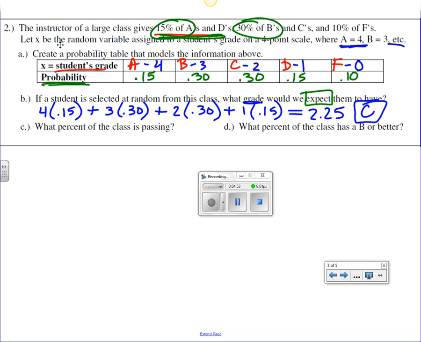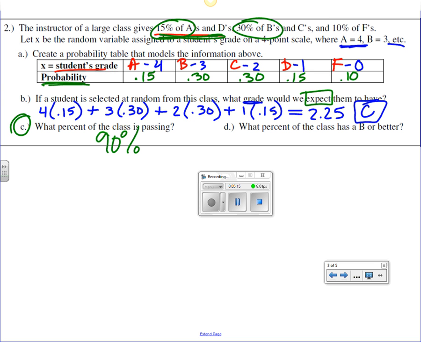Okay. All right, this question is just common sense. What percent of the class is passing? Well, what percent had F's? 10% had F's, so what percent of the class is passing? 90%. Okay. All right. Here's another common sense question. What percent of the class has a B or better?